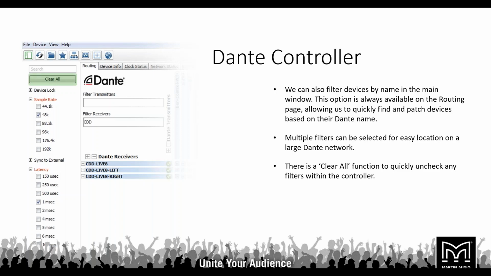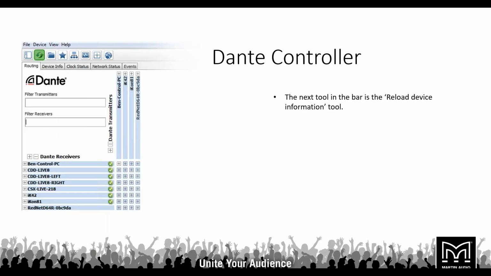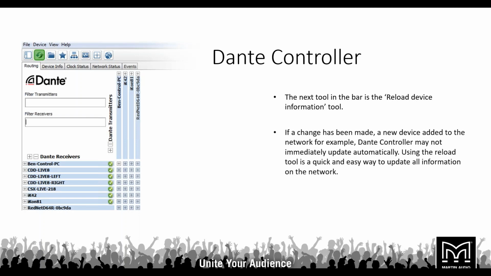Finally, there's a nice clear all function, which will remove all filters throughout the software and bring all devices back to the main project window. Next tool along is the reload device information toolbar. So if, for example, a change has been made, a new device added to the network, for example, and we haven't yet seen it, it's just good practice to reload the tool, which is a quick and easy way to update all the information.